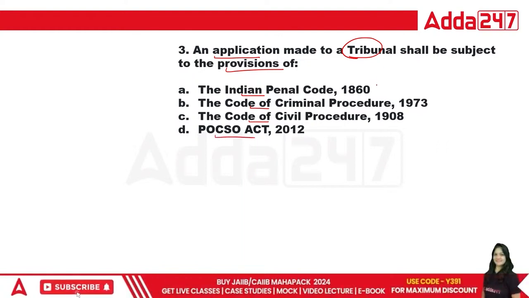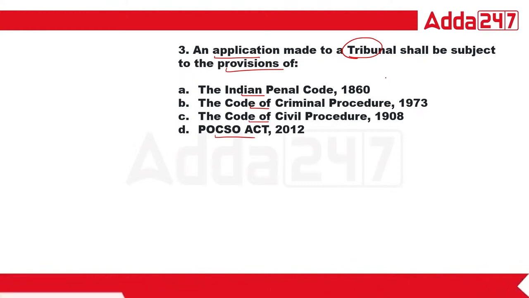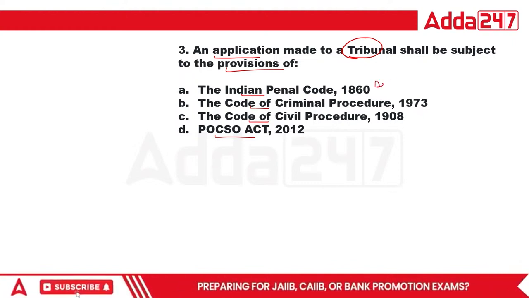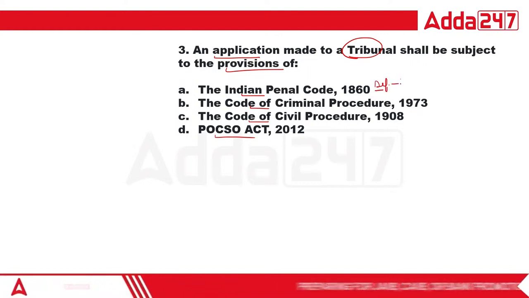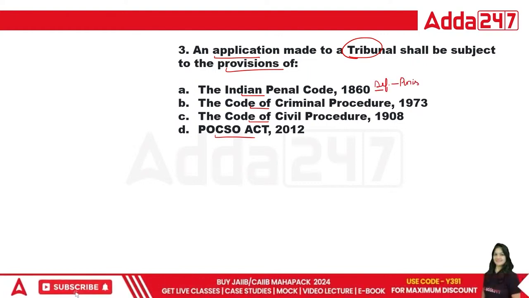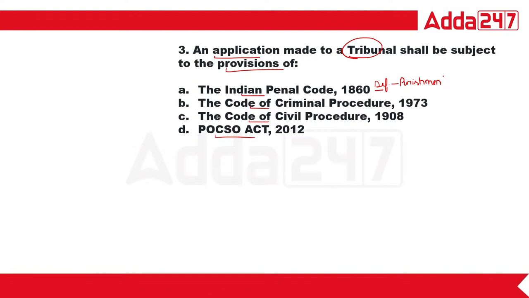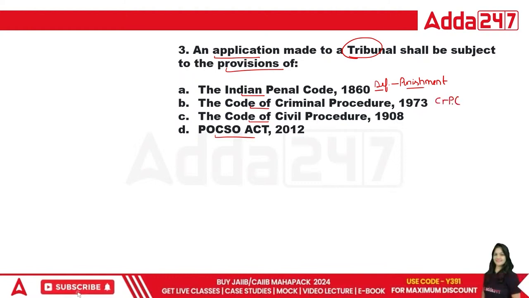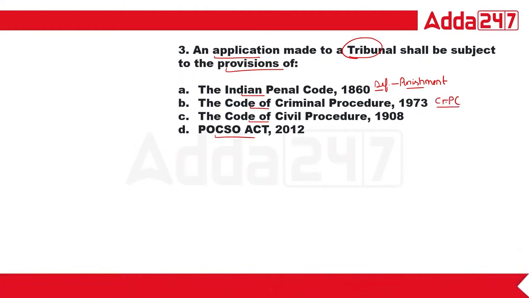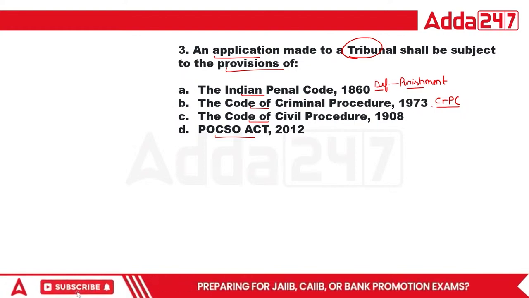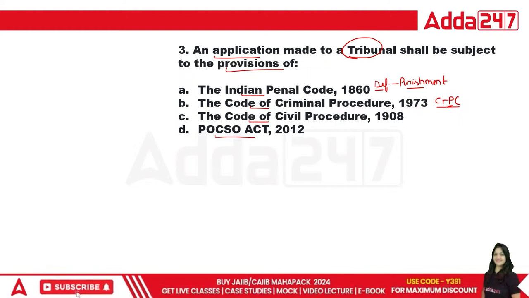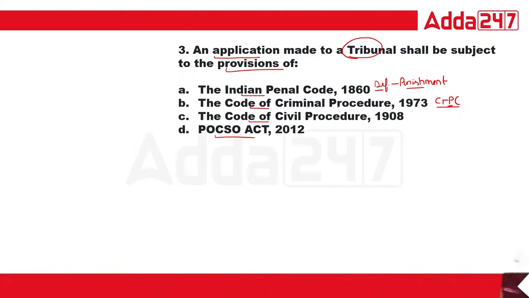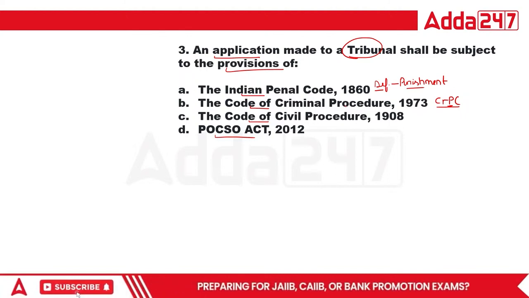IPC is a law book in which the definition of the offense and the punishment is given. The short form is CRPC, that is the Criminal Procedure Code. Whatever crime has happened in the society, what procedure the court has to follow is given in CRPC. Criminal cases just like murder, rape, theft, etc.